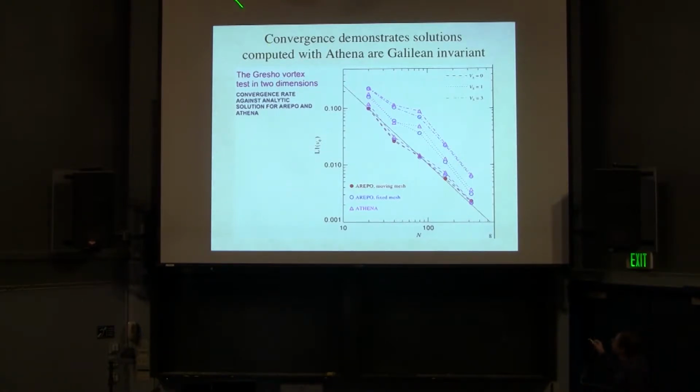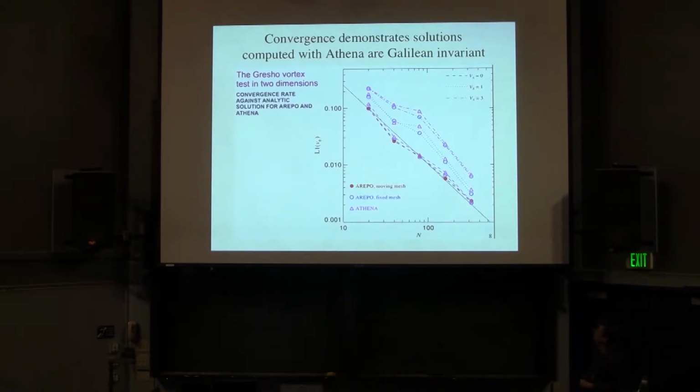What is this? This is a test problem, the Gresho vortex test. This test is simple: a two-dimensional vortex, an almost incompressible flow, with periodic boundary conditions. Set up a rotating vortex in the middle, with lower pressure in the middle. The flow orbits around according to the radial pressure gradient. It's a stable, stationary flow that doesn't evolve in time.